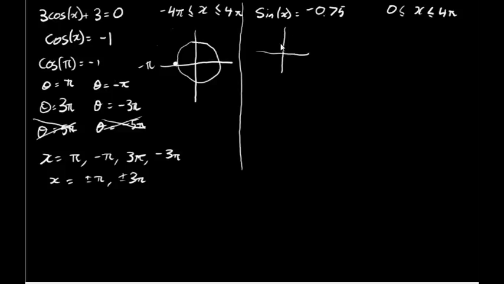And to start off with, we notice that we've got a negative over here. So we need to work out which quadrant we are. So we're not in the first one because it's positive. We're not in the second because sine is positive, which means we must be in 3 and 4. So Q3, Q4.